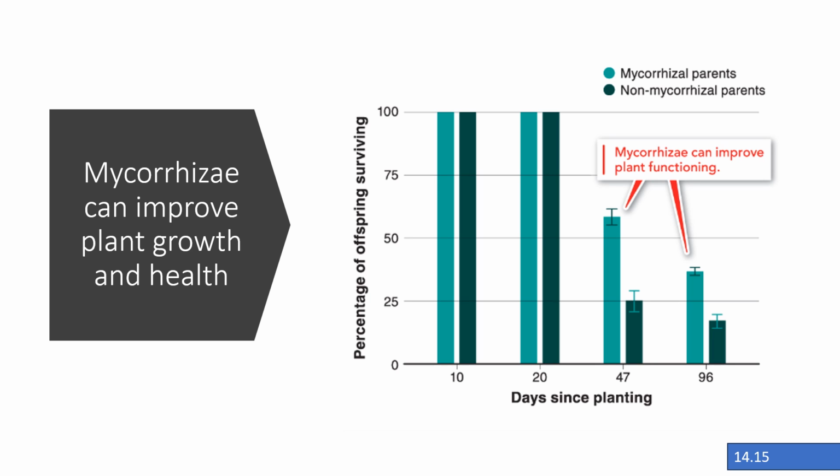However, more plants in the group grown with mycorrhizae, so the lighter color bar, survived than those grown without the beneficial fungus. So these data show you the benefit these plants are getting from their relationship with symbiotic fungi.